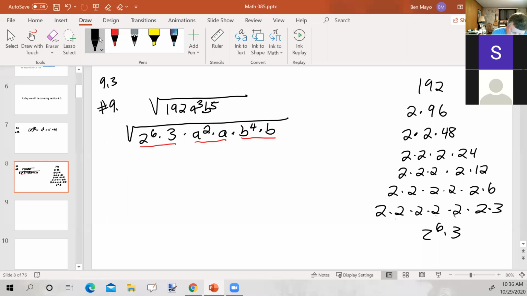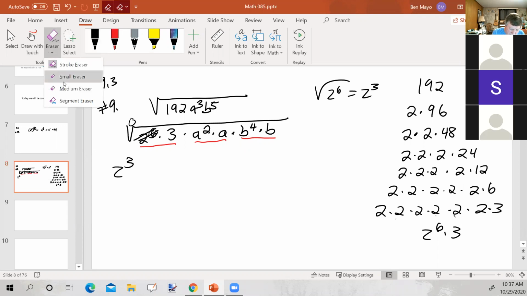What is the square root of 2 to the 6th power? It would be 2 to the 6 divided by 2 power. The square root of 2 to the 6th is 2 cubed. Do you see that? Yes.